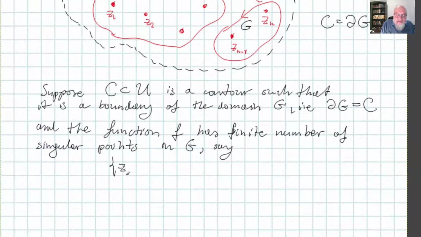So put it like this: Z1, Z2, and this is Zn, and they are all contained in G. Remember, these points are not part of U, so they were excluded from the very beginning. So that's how it is.